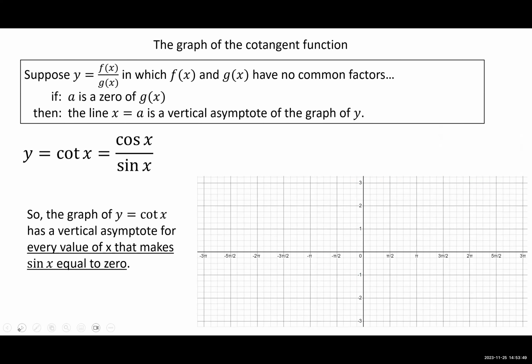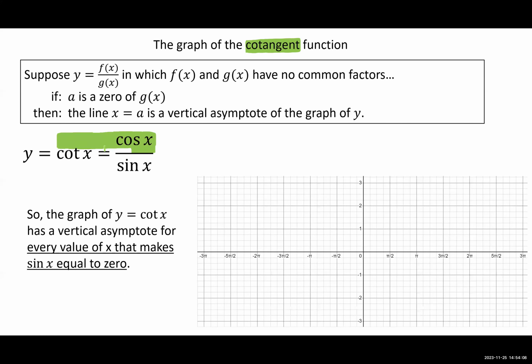This is the same slide from earlier on, except instead of graphing the tangent function, we're graphing the cotangent function. But the cotangent function has asymptotes as well because it's a fraction.